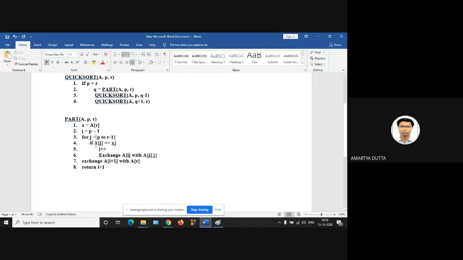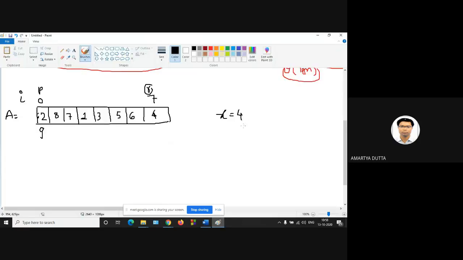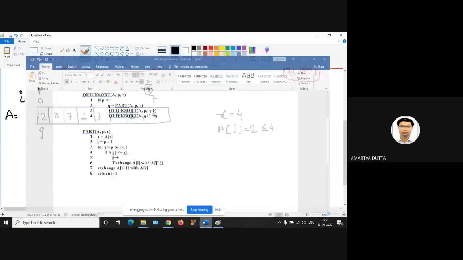Next, if A of J is less than or equal to X, is it true? What will be the value of A of J? At the first pass, A of J is 2. So 2 is less than or equal to 4.